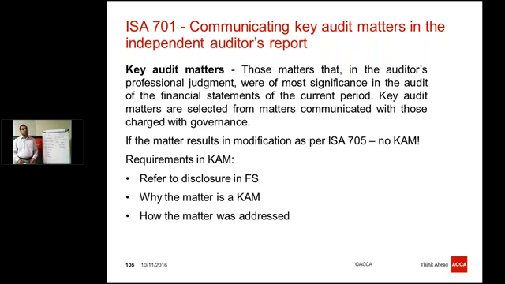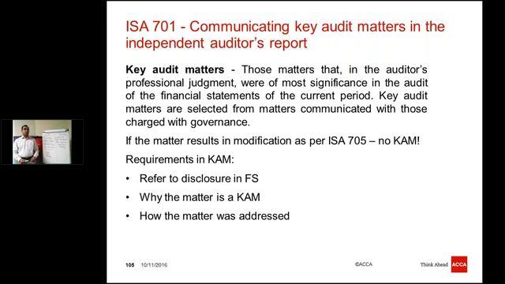As you can see on the slide in front of you, the definition of key audit matter is those matters that, in the auditor's professional judgment, were of most significance in the audit of the financial statements of the current period. Key audit matters are selected from matters communicated with those charged with governance. So basically, there are two things to understand.